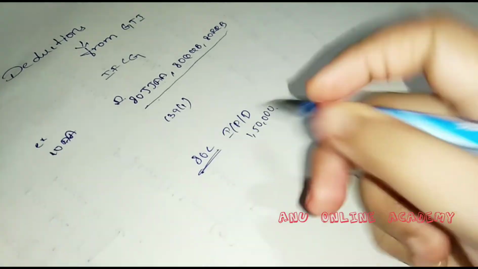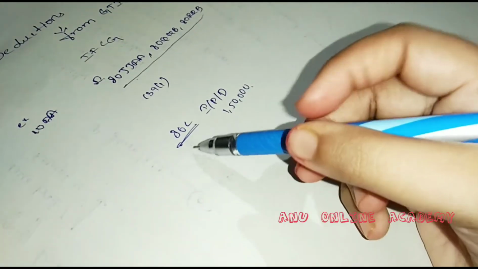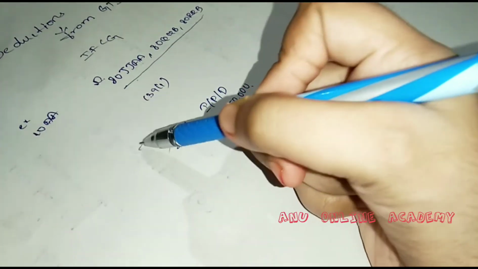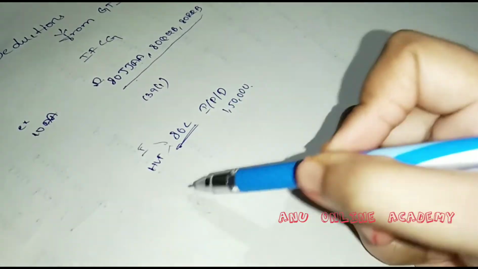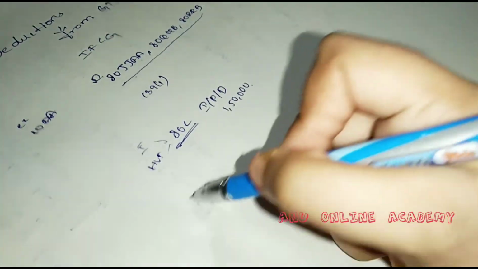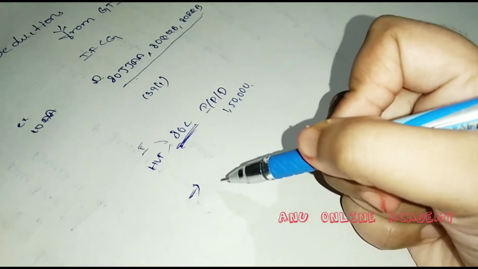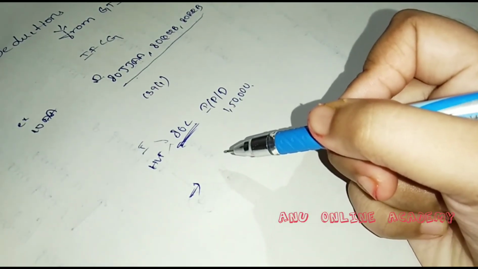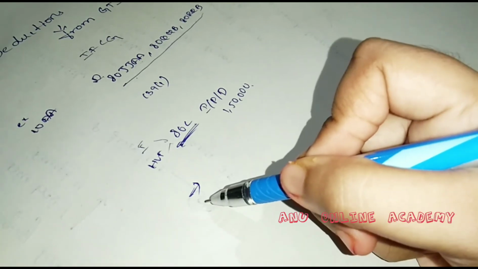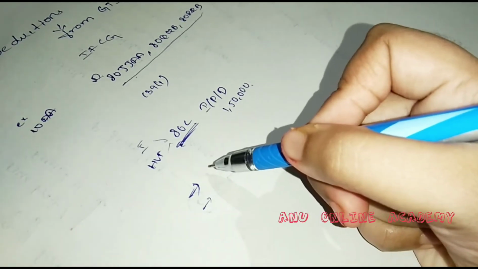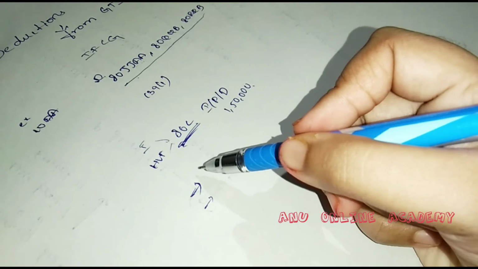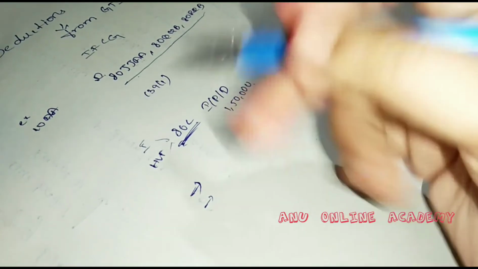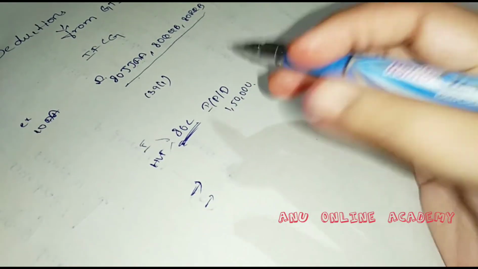Applicable assessee is individual or HUF. And mutual funds, in this 80C deduction, mutual fund scheme as notified by CG.